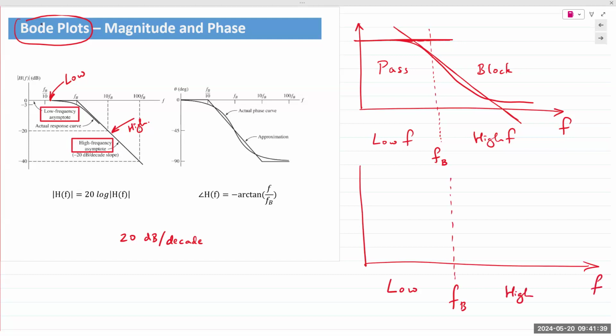For a high pass filter, high frequencies are allowed to pass through. So the high frequency asymptote should be a flat line, something like this. And then low frequencies are blocked, so the low frequency asymptote would have a climbing, an increasing slope, right?